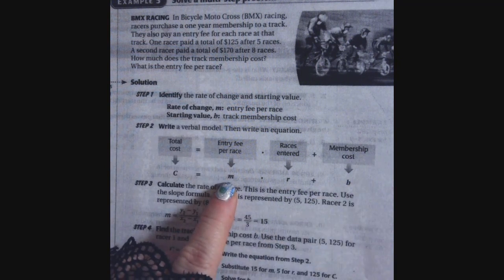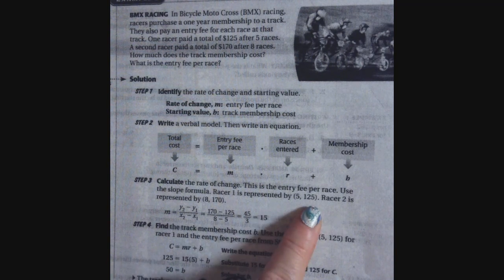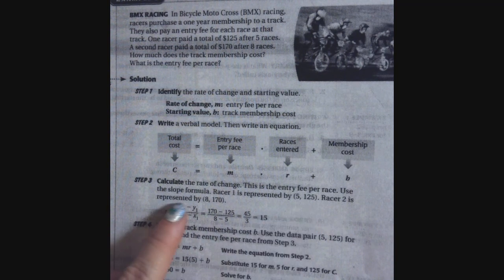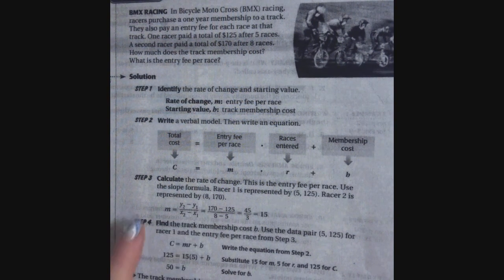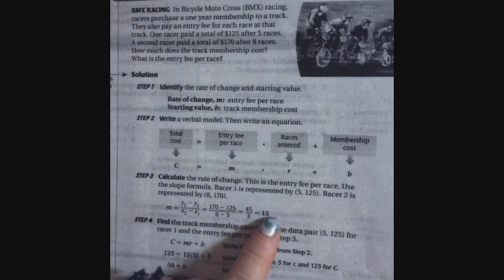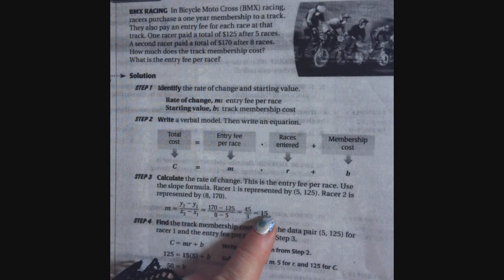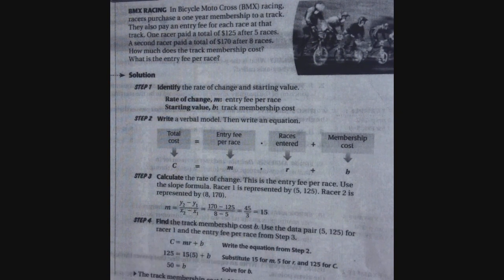How much does it cost for each race? So you're going to use the 2 ordered pairs that I told you. And here it is, 5, 125 and 8, 170. So when you do the slope and you figure it out, it reduces down to $15. So it's $15 for every race. So we found that part.